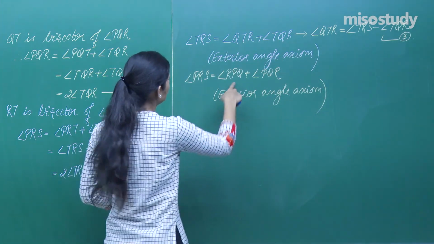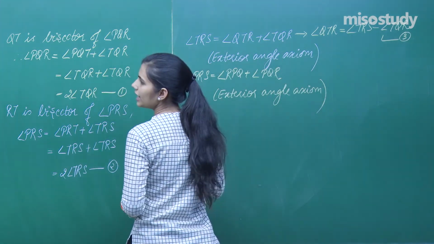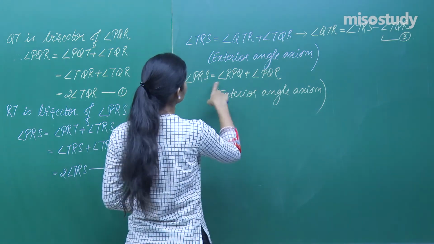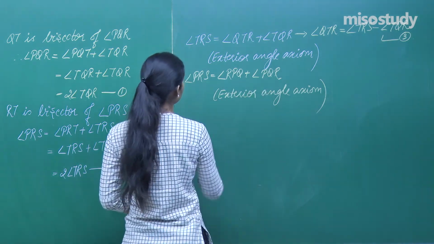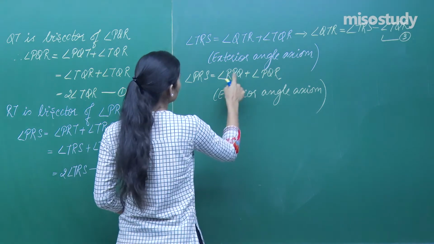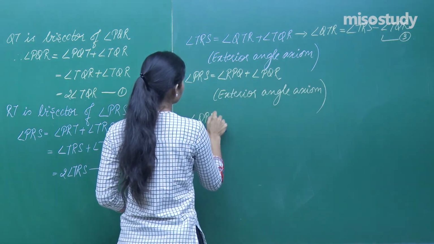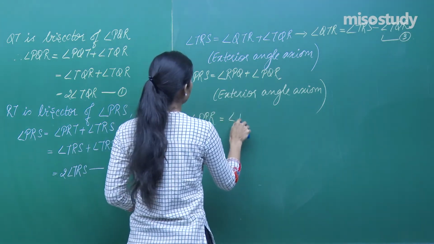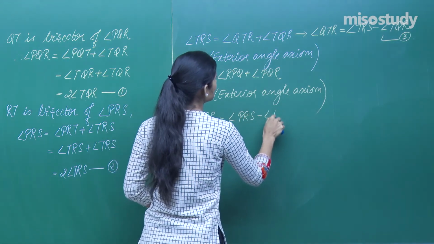Here I have angle RPQ. So angle QPR or RPQ is the same thing. This is equal to angle PRS minus angle PQR.